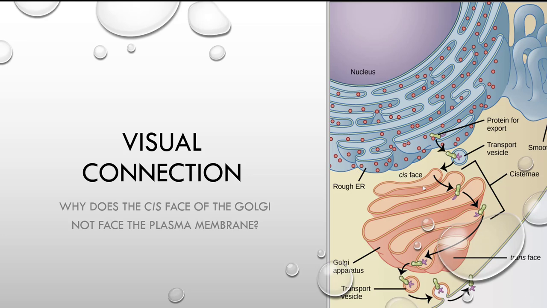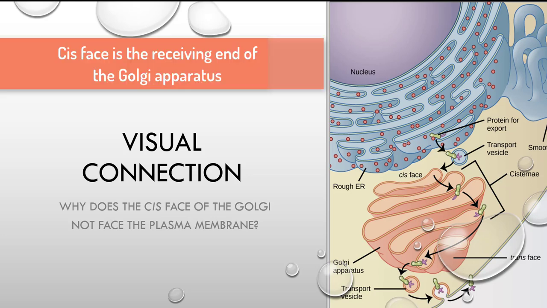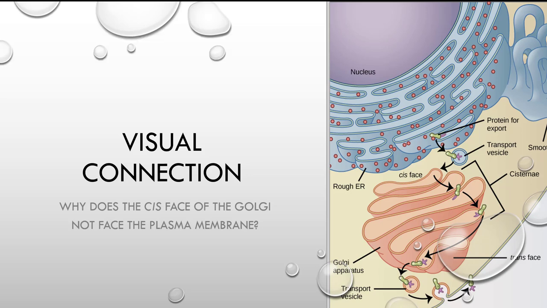The cis face, by the way, is the receiving end of the Golgi apparatus, whereas the trans face is the end that transmits. Well, the cis face is receiving basically from what? From the rough ER.